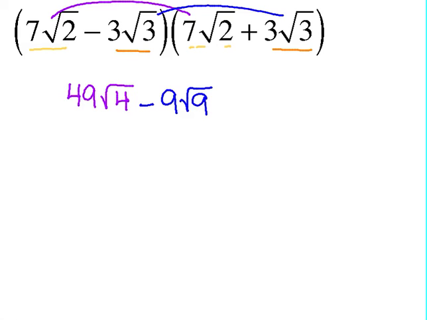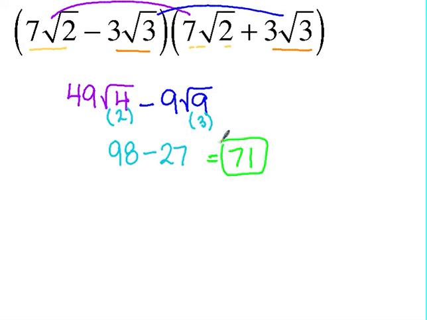So now let's just plug in what we know. We know that root 4 is 2. I know that root 9 is 3. So what is 49 times 2? 98 minus 27. So as you've already said, the answer is 71. Okay, nice job. So conjugates, you multiply first and last.